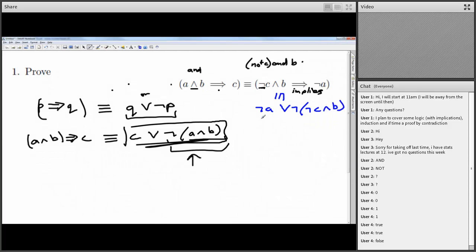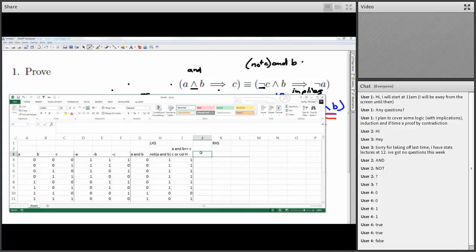So what we're going to do is try to find the truth table for this expression. If you break it down, the first thing we really need to work out is not C and B. Then we need to work out not of that. And then last, we need to do the OR of that with not A, just to get the whole thing working. So along those lines, we need to do not C and B. Then we need to do not of that.